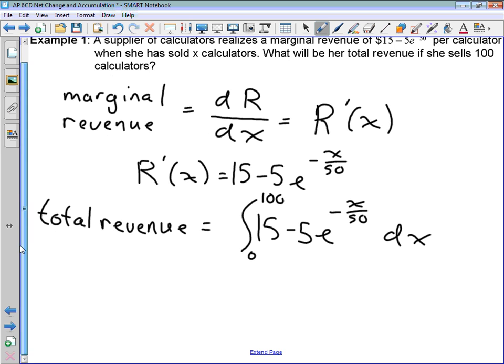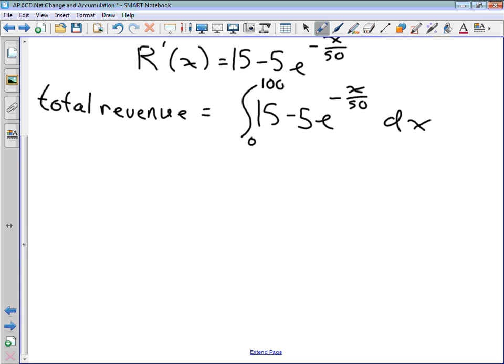So now it's just a matter of evaluating our integral. So we need our antiderivative here. We can do this term by term. Antiderivative of 15 is 15x. Antiderivative of this one, we're going to need something that is e to the negative x over 50. When we take the derivative of that, that's going to bring down a 1 over 50.